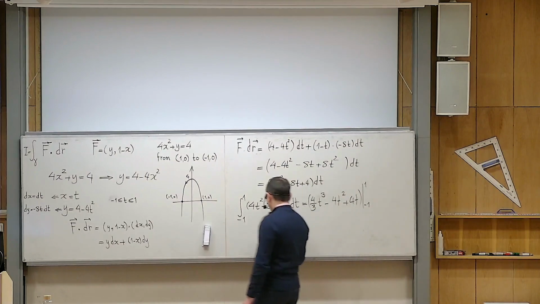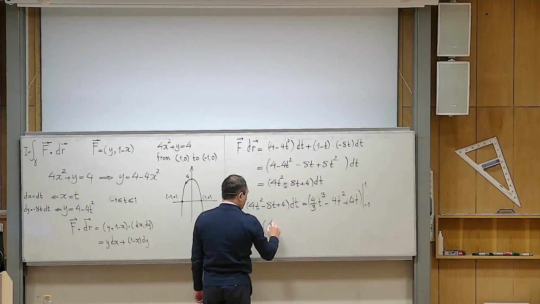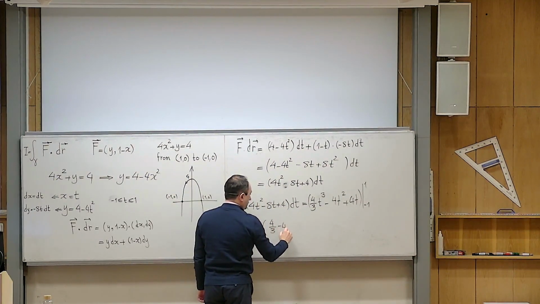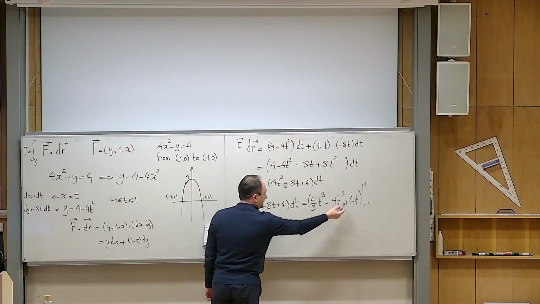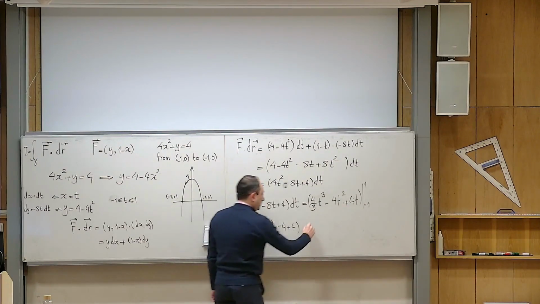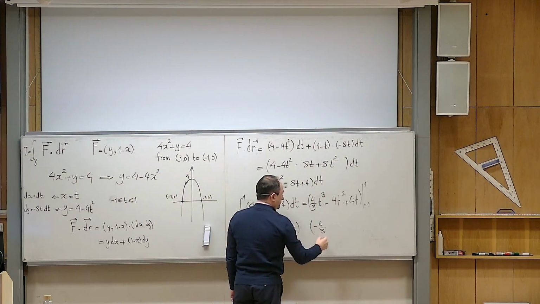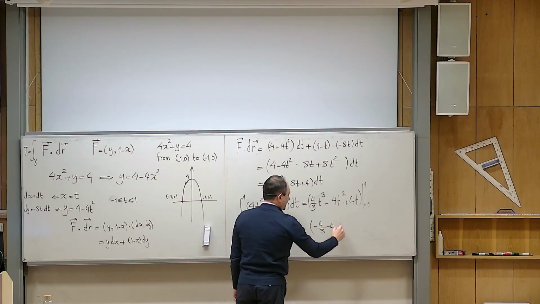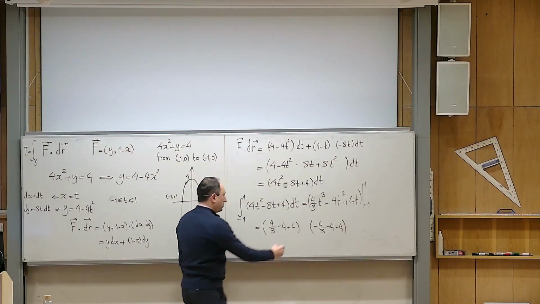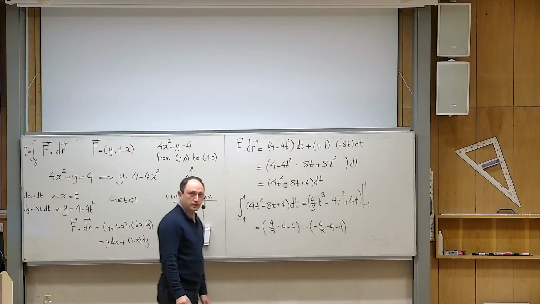So what I do, I plug 1 in, so I will get 4 over 3 minus 4 plus 4. I replace t everywhere with 1. I also replace t everywhere with minus 1, so this becomes minus 4 over 3 minus 4 minus minus 4. And then I have to subtract these results. Yes?